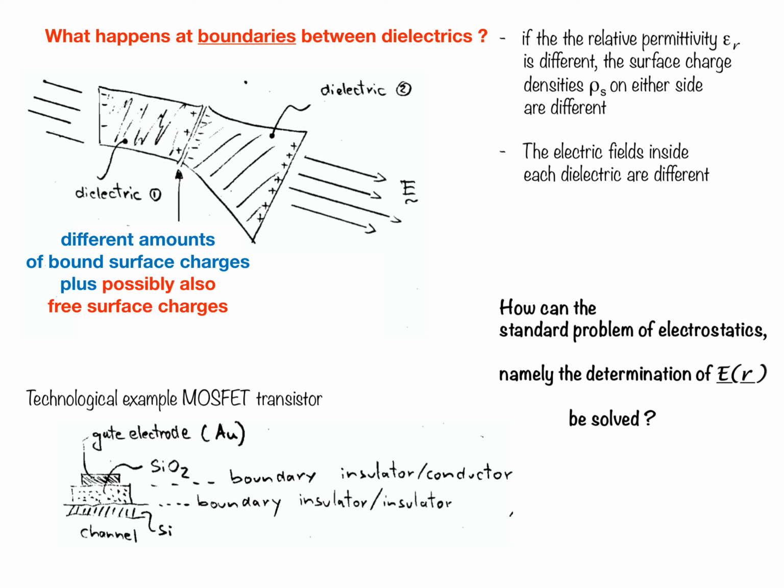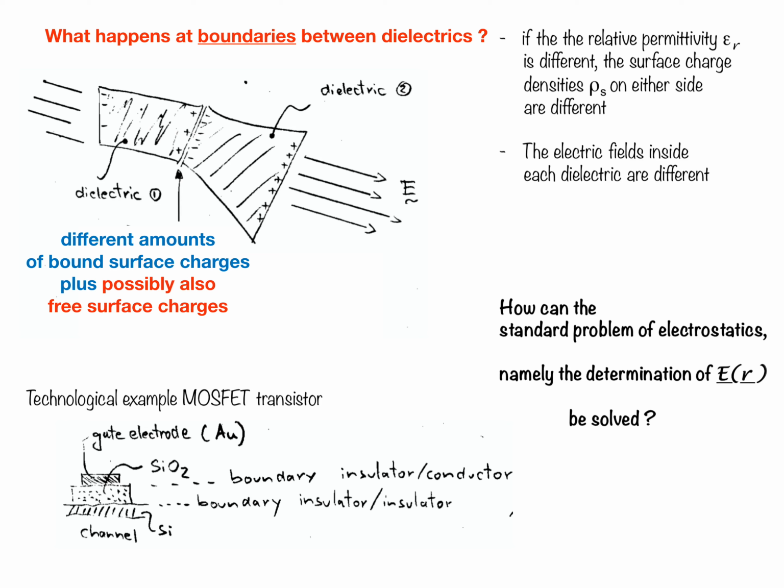If a boundary is accessible, it is furthermore possible to add free surface charges to it, so that the surface charge density is changed once more. This is exactly the situation that was discussed at the beginning of this video, namely that of a MOSFET transistor, where a conducting gate electrode, for example gold or aluminium, interfaces silicon oxide, an insulator, which in turn interfaces the semiconductor silicon.